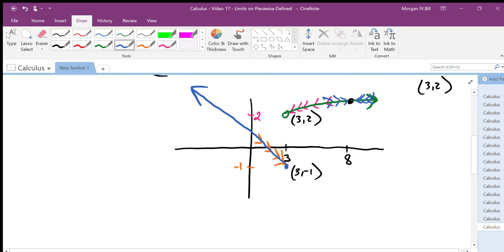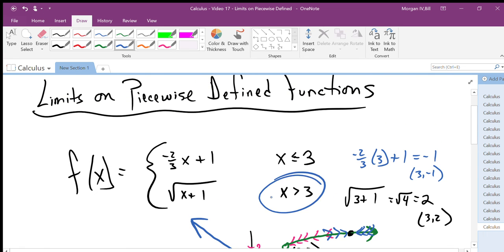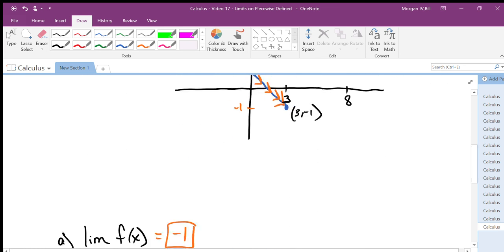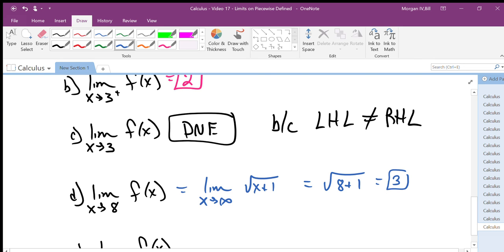We see it goes to some particular y value. Since 8 is greater than 3, we'll use the square root of x plus 1. And so we take the limit as x approaches 8 of just that portion of the function. Plugging in 8, that's the square root of 8 plus 1, that's the square root of 9, which is 3.